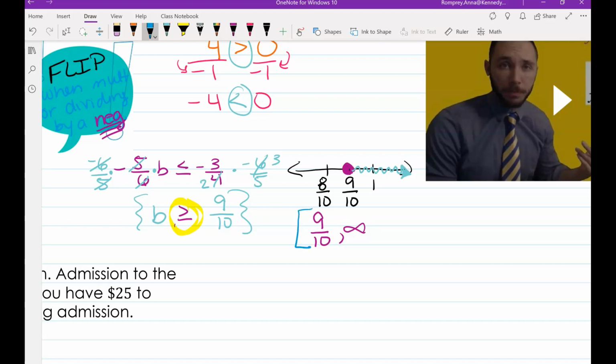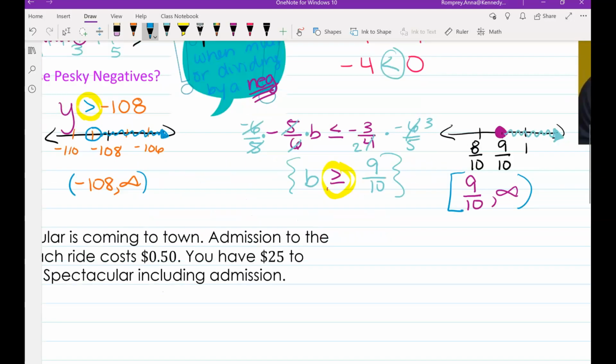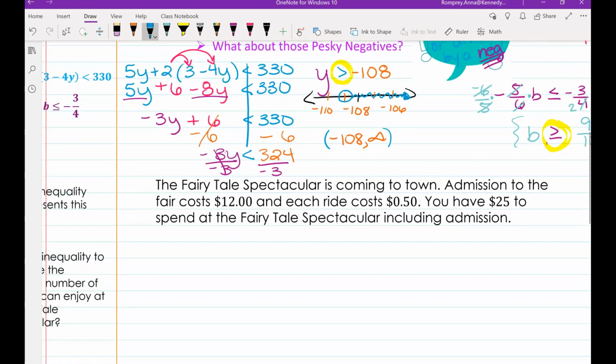And infinity is always open, so we always use a parenthesis. So solving an inequality is identical to solving an equation. However, if you divide or multiply by a negative, you've got to remember to flip your sign, or else you're going to have the opposite solution set that you need.